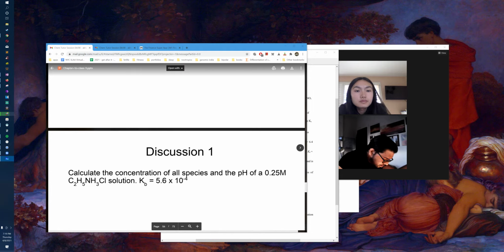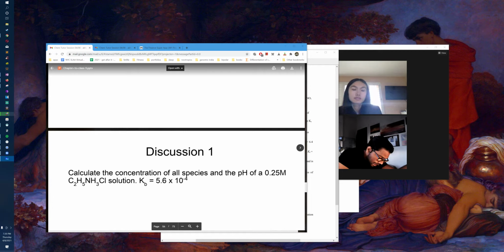All right, so Kb. On the bottom, I know it's going to be ethylamine, but I shouldn't write HA. I'll just write ethylamine.